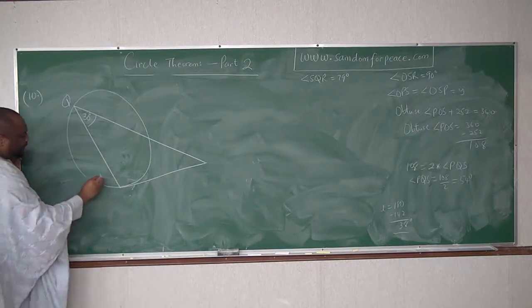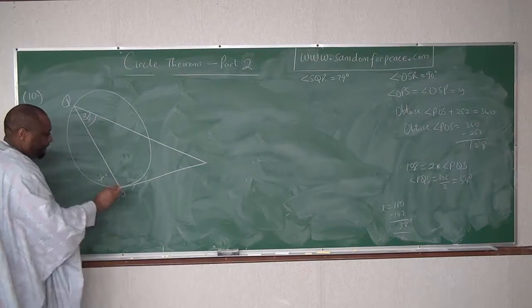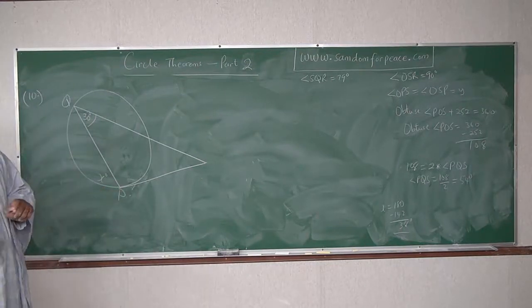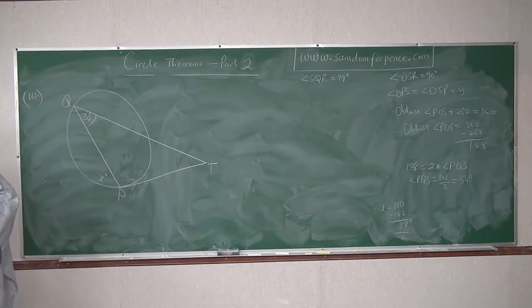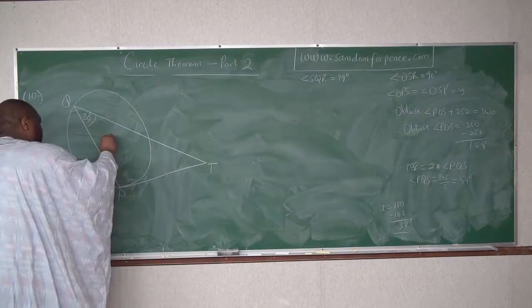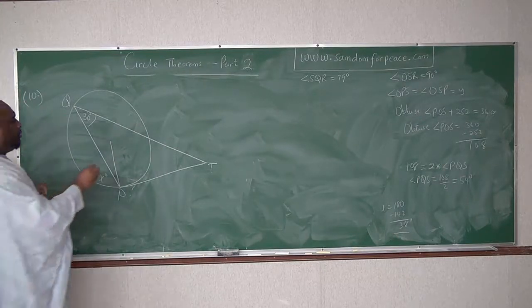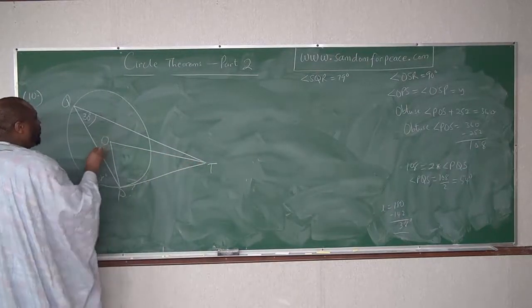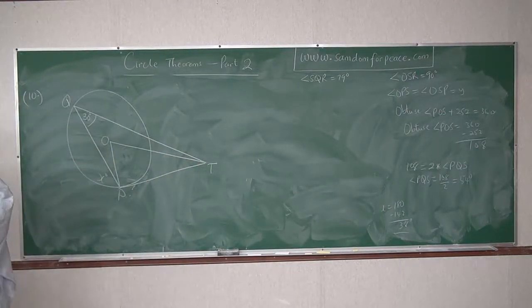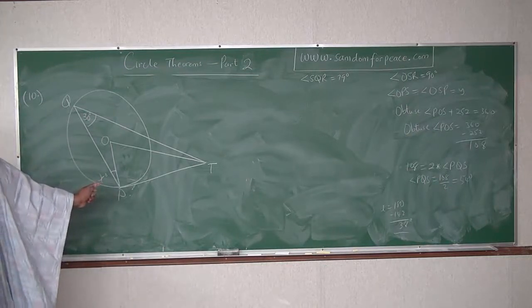This is x degrees. This is P. This is T. And we have this here. Looks like this is the x here.